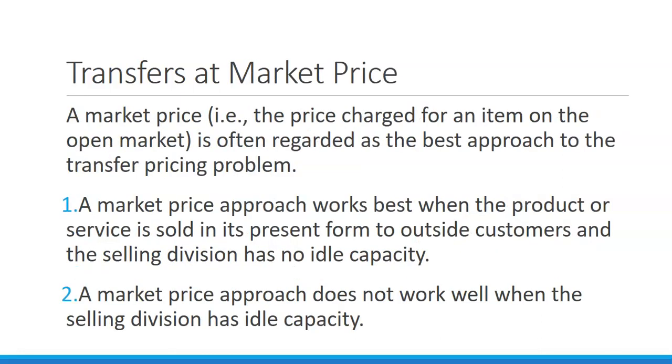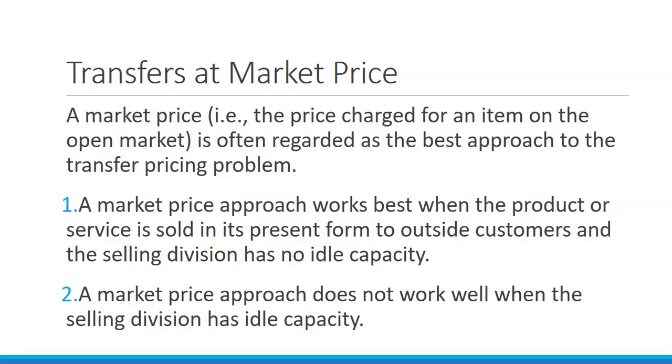Transfers at market price are the best approach to the transfer pricing problem. However, the market price approach works best when the product or service is sold in its present form to outside customers and the selling division has no idle capacity.